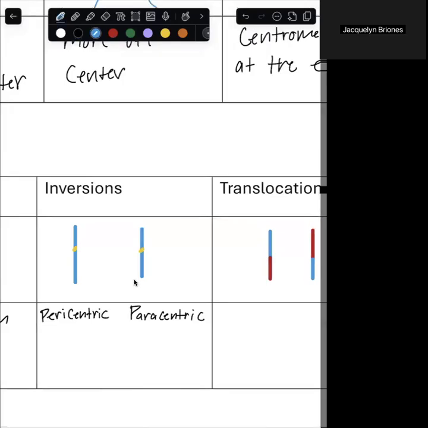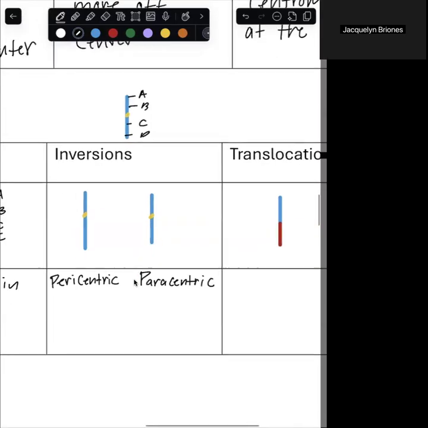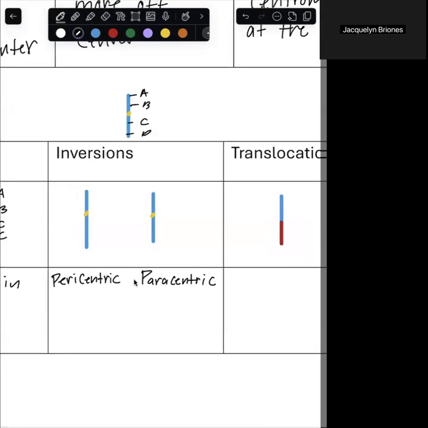So I'll just draw another one to give you a normal chromosome, and again we have A, B, C, and D. So pericentric involves the centromere.